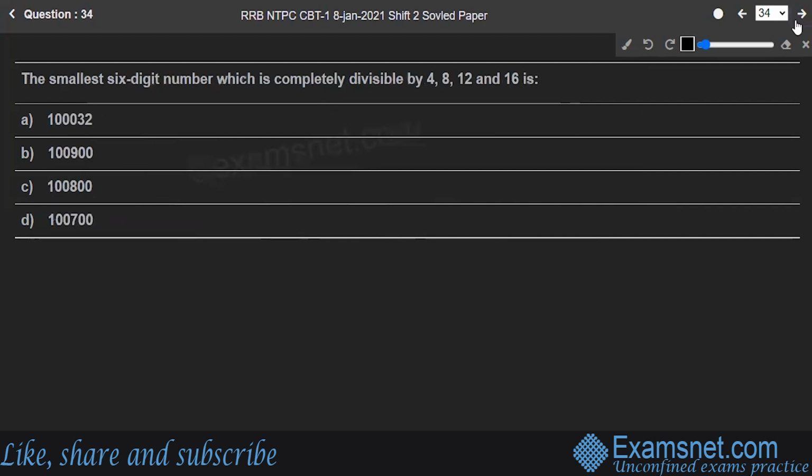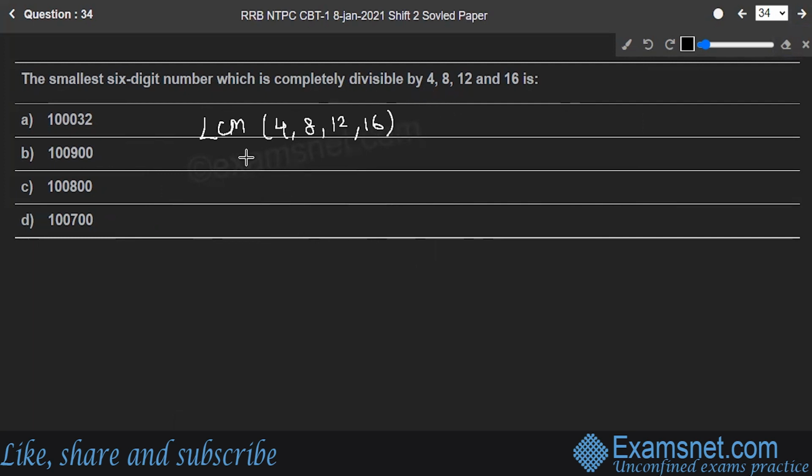Next is question number 34. The smallest 6-digit number which is completely divisible by 4, 8, 12, and 16 is which of these options? So these are the four numbers. It should be completely divisible by these numbers. Very simple. It should be the LCM of 4, 8, 12, and 16.